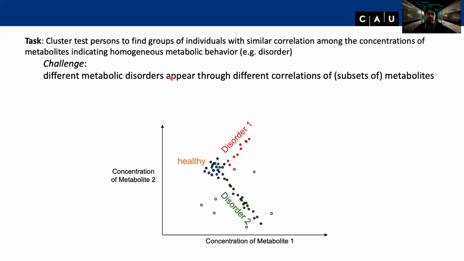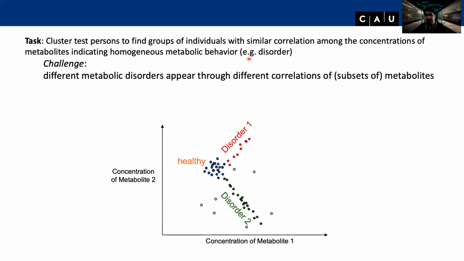And now consider the following task. Let's say we want to cluster test persons to find groups of individuals that have similar correlation among the concentration of metabolites. So something which is in the process of physiological composition, physiological activities, and they indicate homogeneous metabolic behavior.